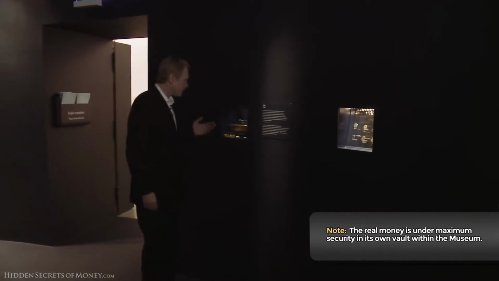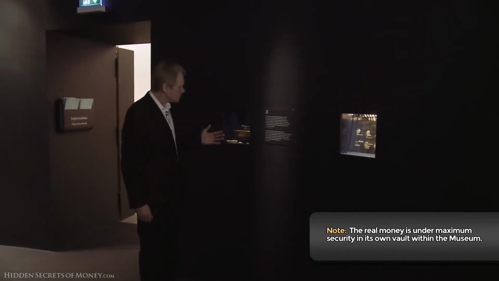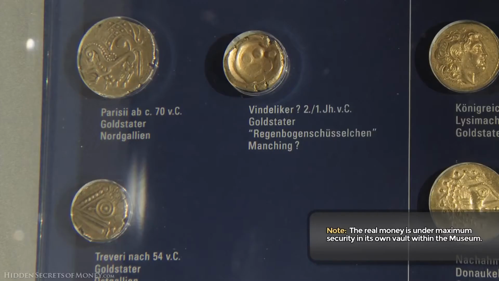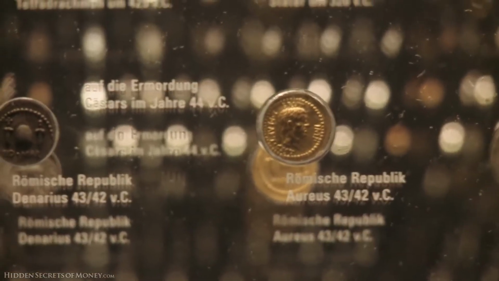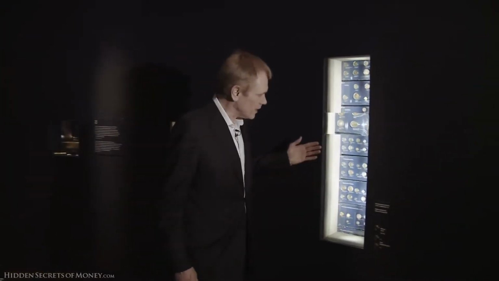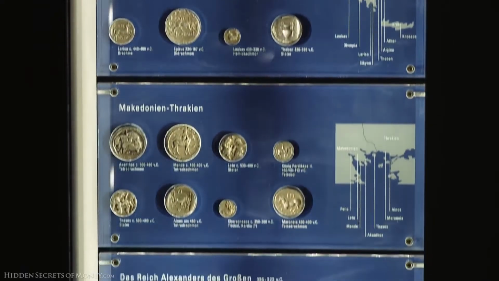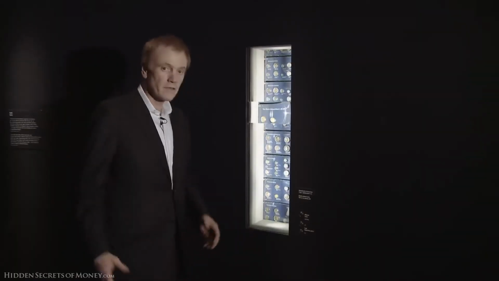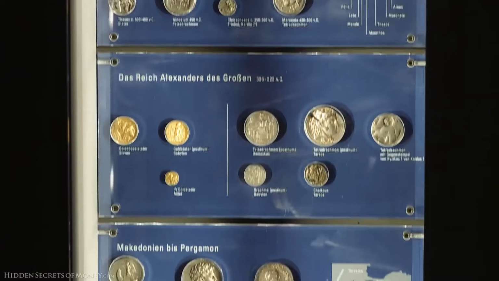So here we get to the first, this is gold and silver, what they're using to make money, and here we have some very early representations of gold and silver coins. And I love these displays. They start with coins in Lydia, so these coins go back to the very first minting of true coinage.